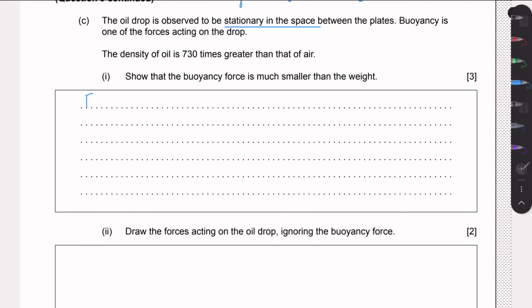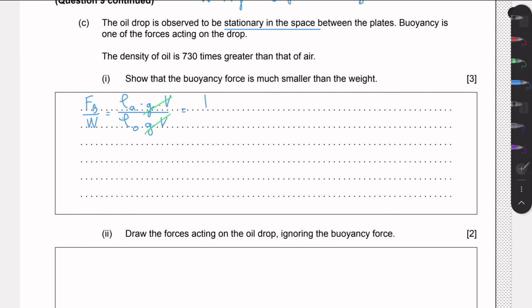And then we need to calculate this ratio of the buoyant force to the weight force. So we can plug in the formulas we just derived, divided by rho oil g V. We see that the volume is the same for both, and we can also cancel g. So we see it's the density of air divided by the density of the oil, but we know the density of oil is 730 times greater than the density of air.